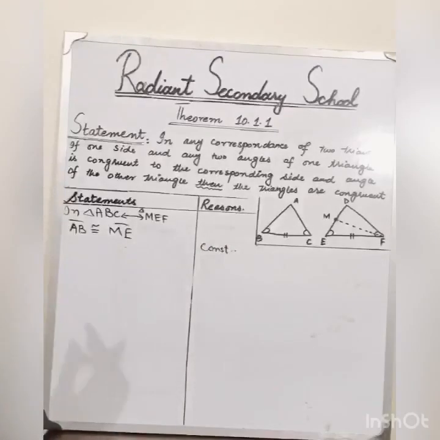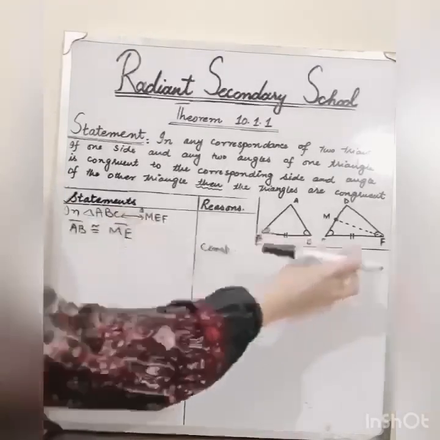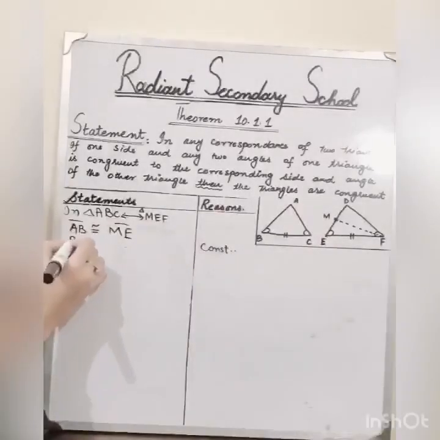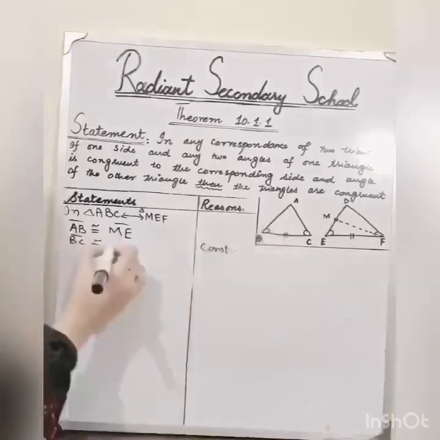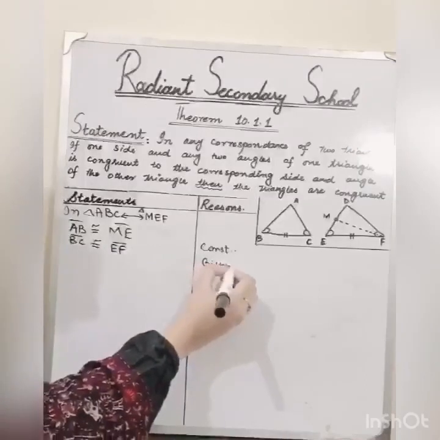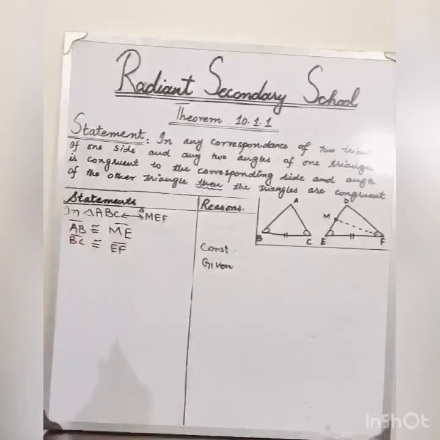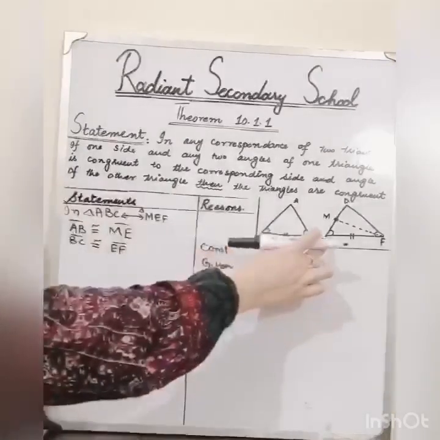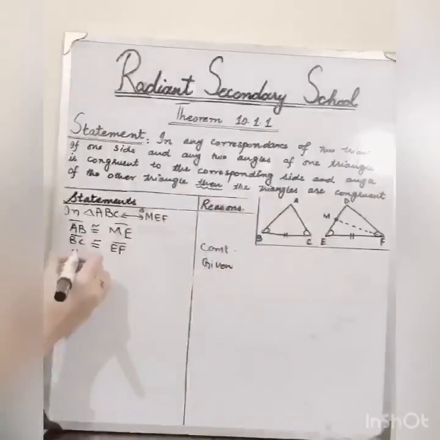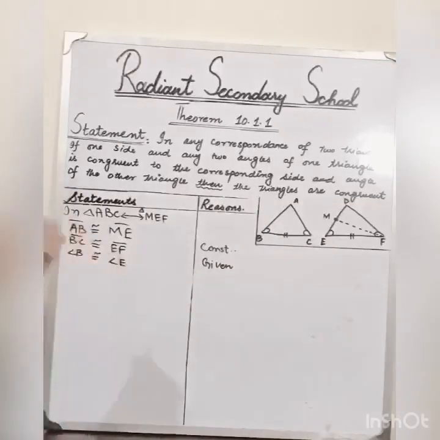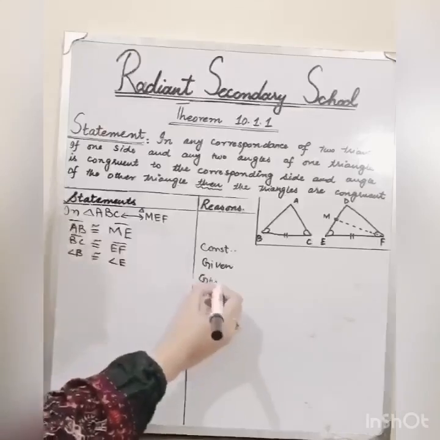Then side BC is congruent to side EF. This is given. And angle B is congruent to angle E. This is also given.